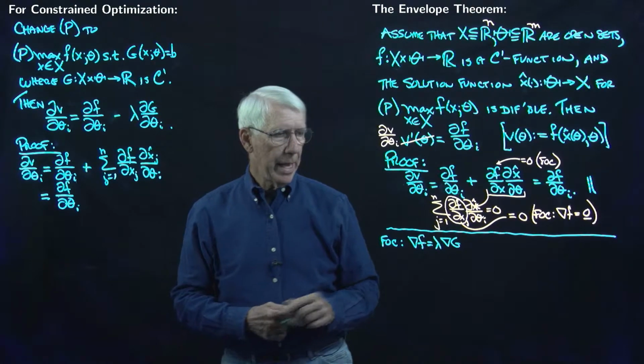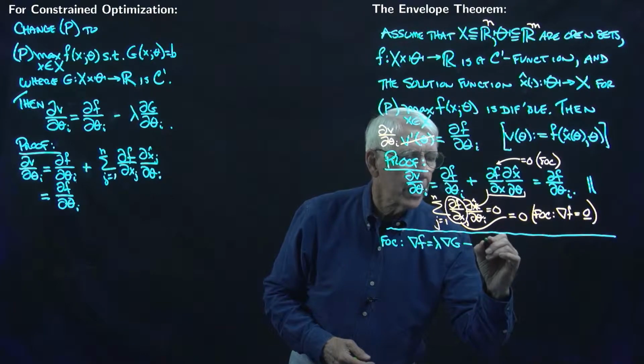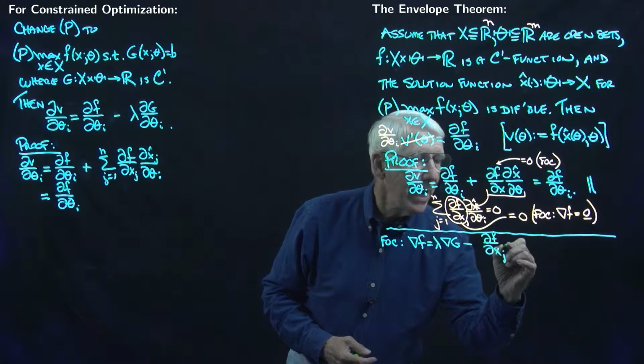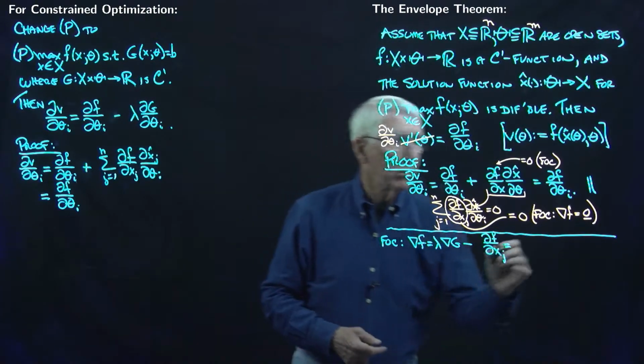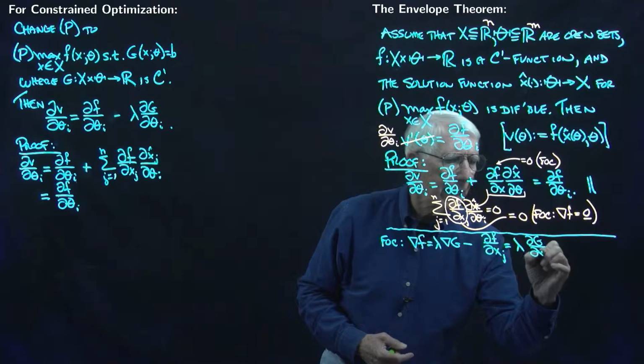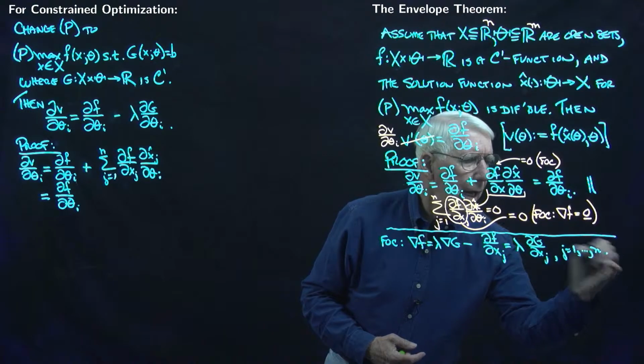And of course, that's to say that partial of f with respect to x j is equal to lambda partial of g with respect to x j, j equals 1 out to n.